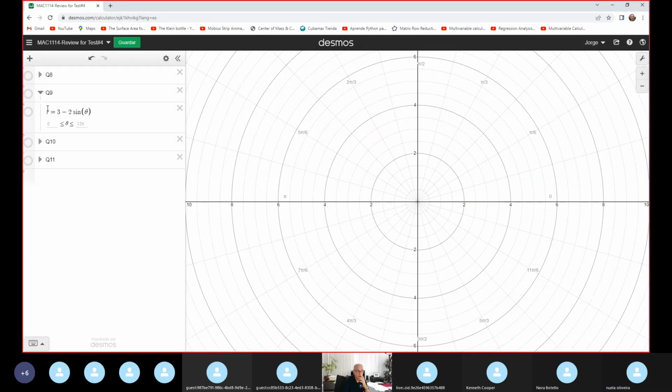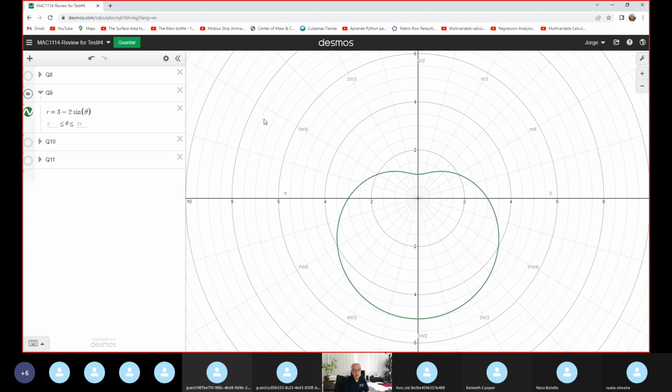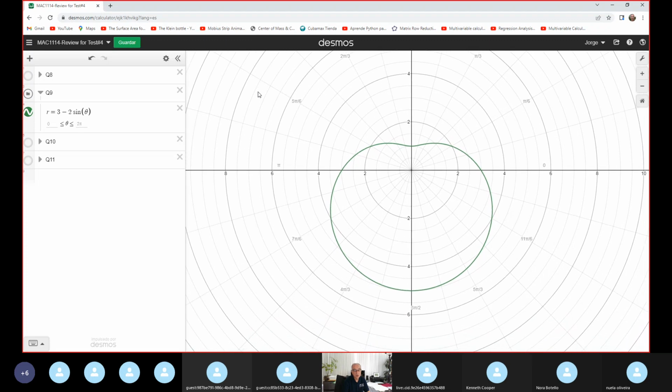Question 9 is 3 minus 2 sine. Boom. Look at that, in green color. Do you see? Yes. This point is 3. This point is 1. This point is negative 3. This point is 5. Nice. I understand polar very well.